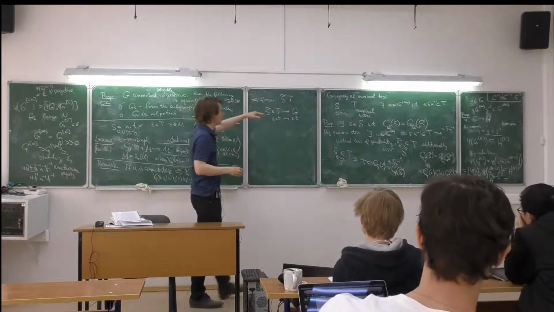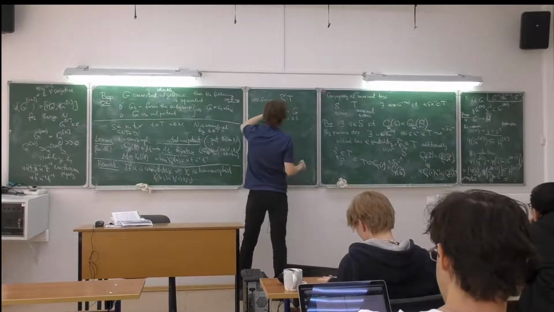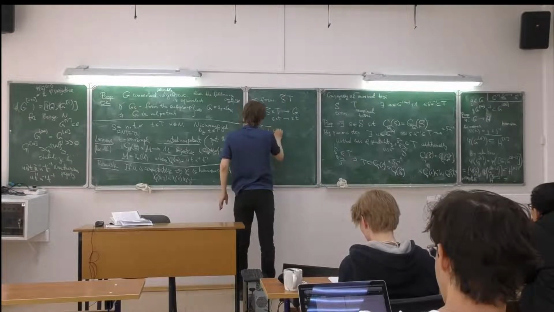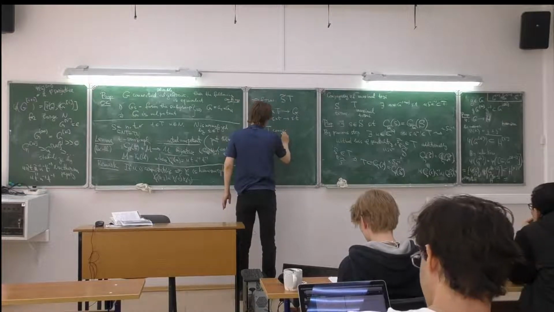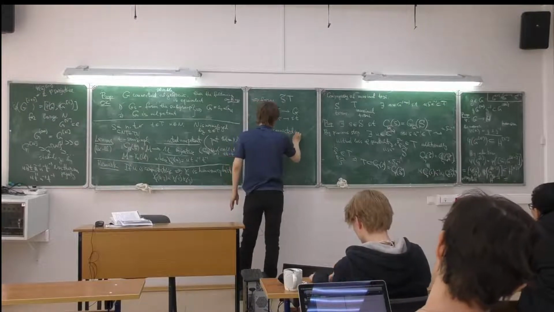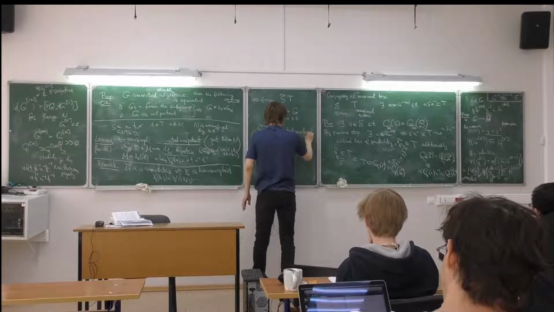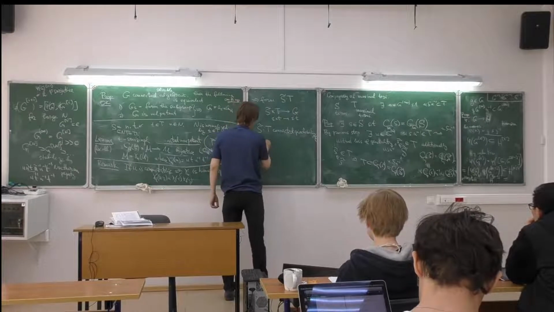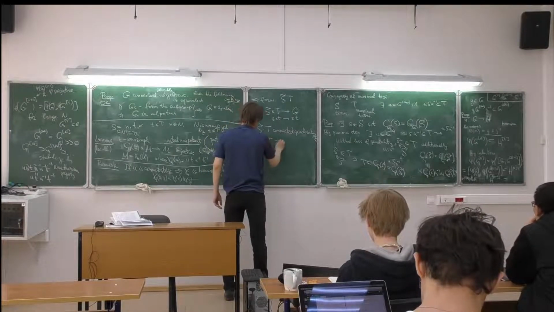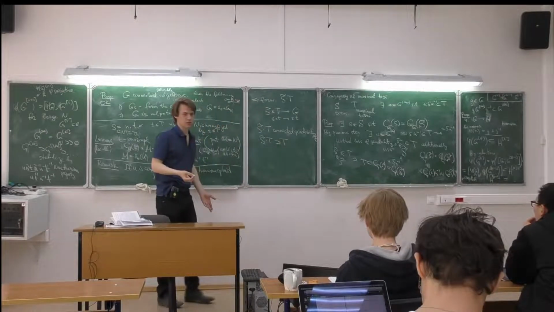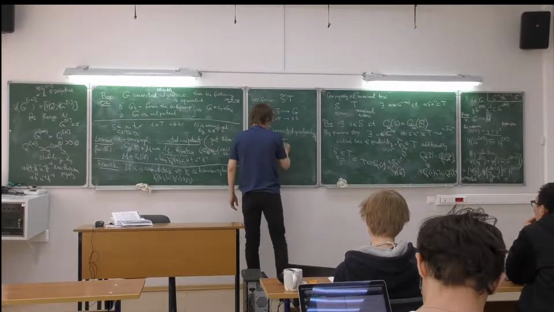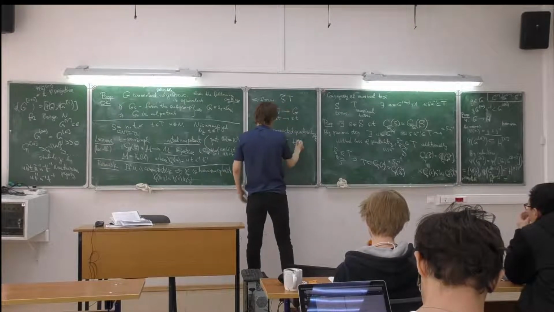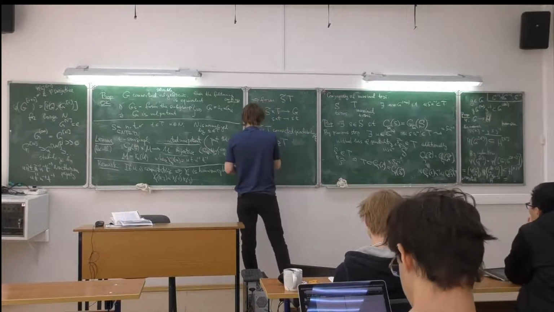This means that the image of the product of tori is a connected diagonalizable group, so it is a torus.